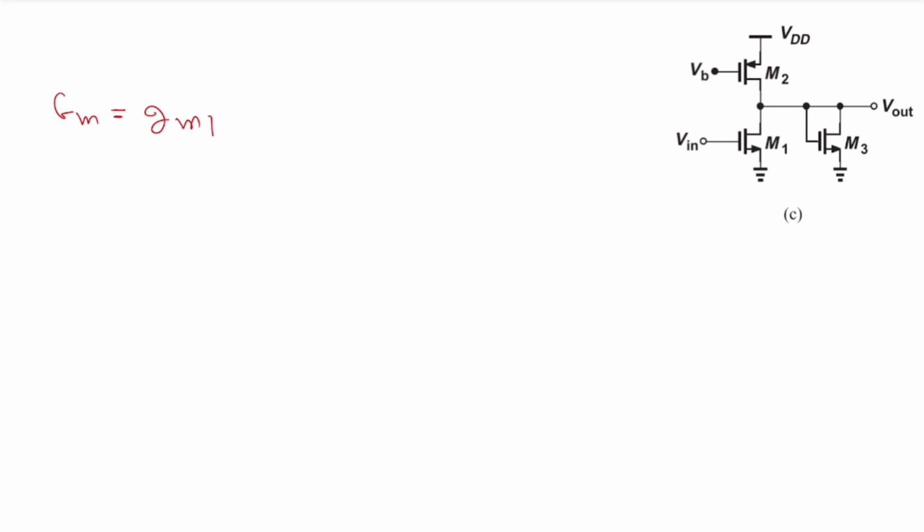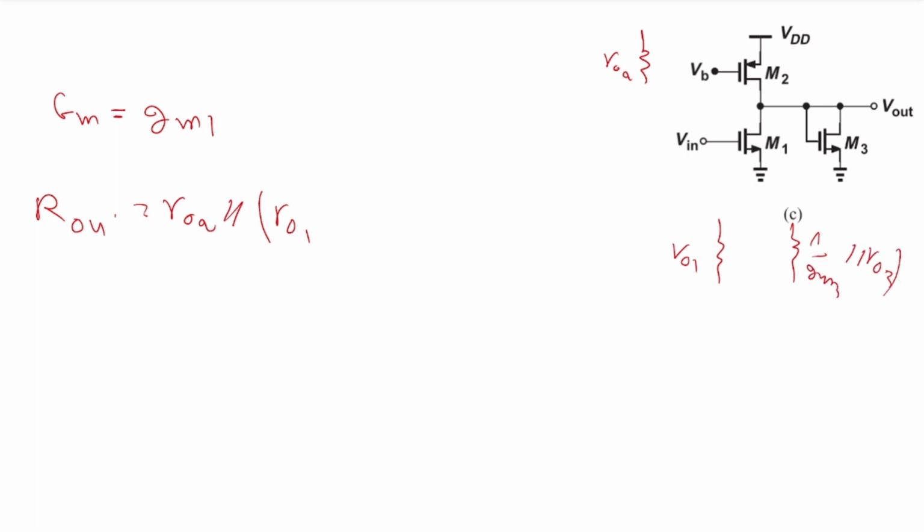The output impedance, if we see up, there is RO2, so it is RO2 in parallel with RO1, in parallel with the diode connected device, which is 1 over GM3, in parallel with RO3.